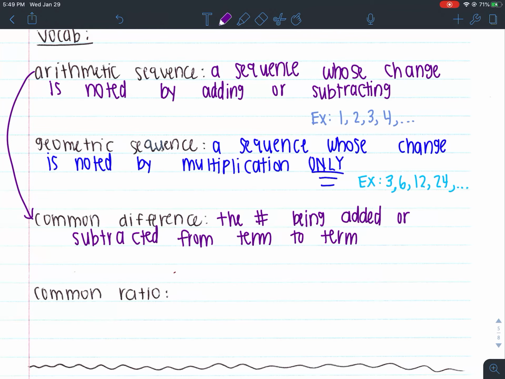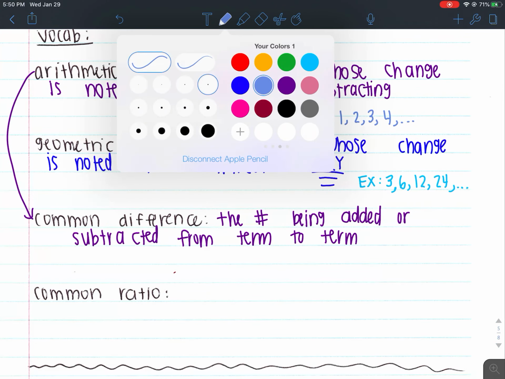It's the number that I'm changing by each time. In that first example up here, my common difference would be positive 1 because I'm adding 1 every time. In this example, 4, 3, 2, 1, and so on, my common difference is negative 1 because I'm subtracting 1 every time, okay?